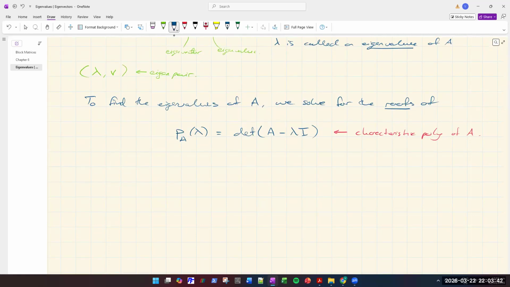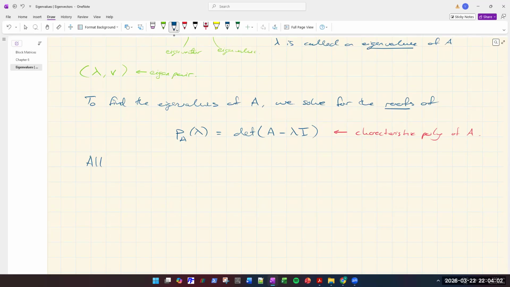Now, for each of these eigenvalues there are many eigenvectors associated to that eigenvalue. All of those eigenvectors live in a space called the eigenspace.